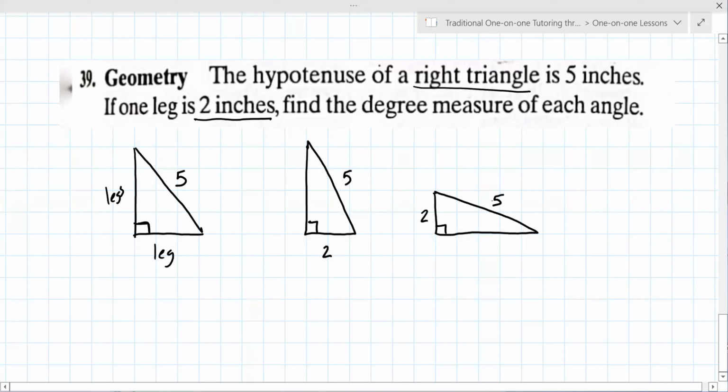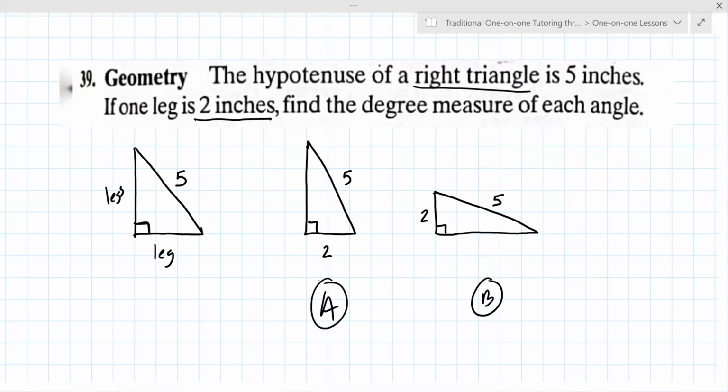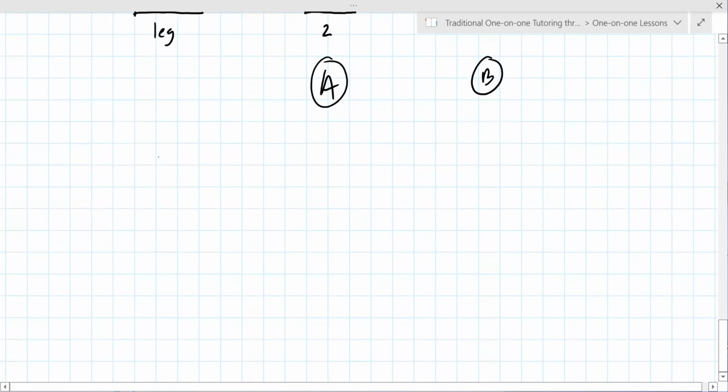The answer does not change in how you draw it. It's just, you have to decide what you like. Of these two on the right, we'll call them A and B, which is more what you're thinking of when you look at this problem? B. Okay, so we'll go with B.